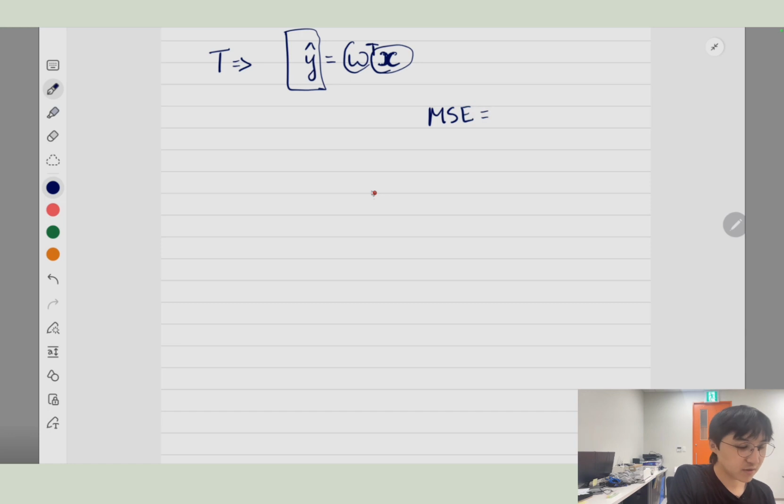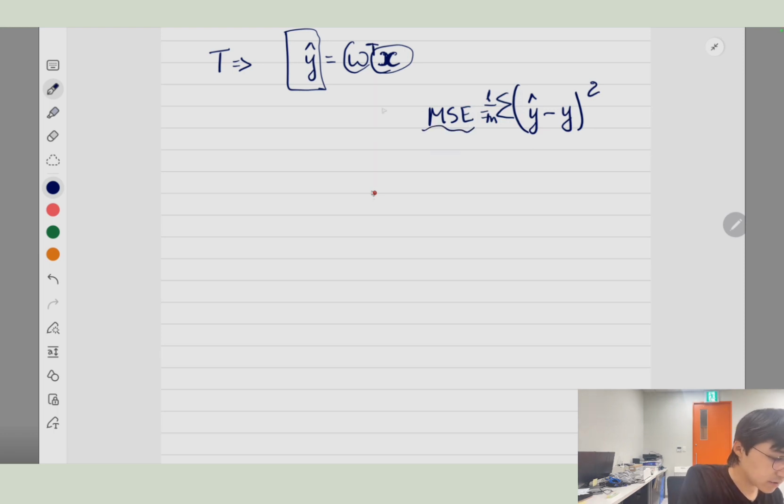So how are we measuring performance? By finding the difference between y hat and the actual y, squaring it, summing all of these, and dividing by the number of samples, the number of rows. And we get this performance measurement, some kind of number right here.